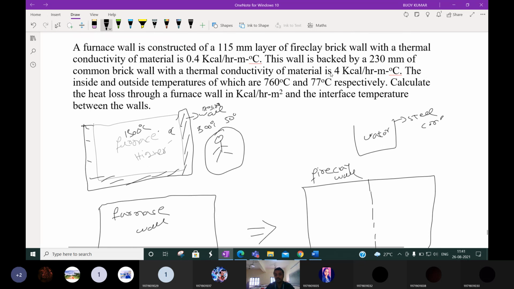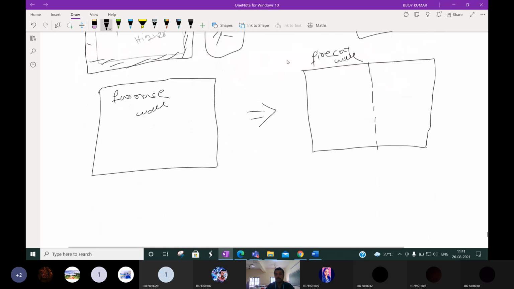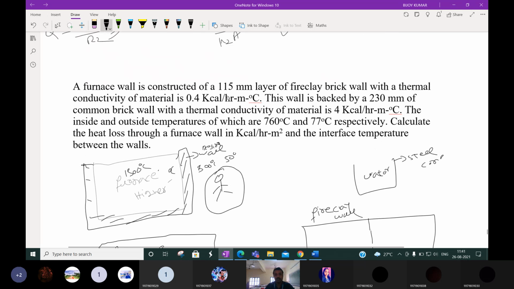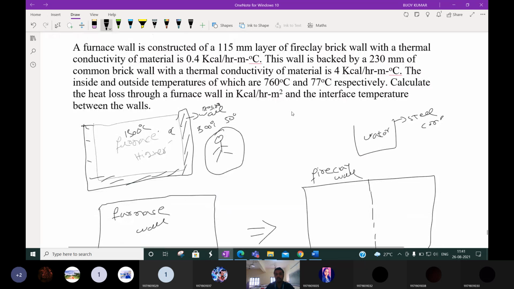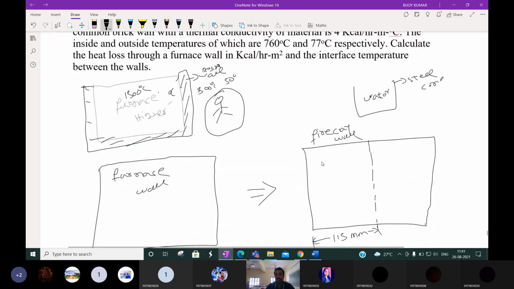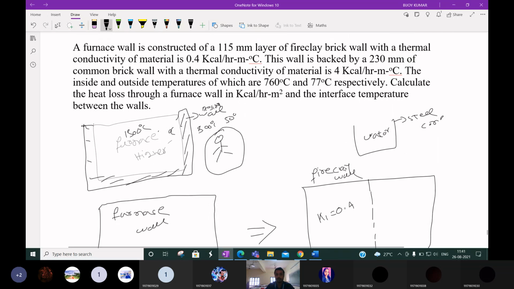and its thickness is 115 mm, with a thermal conductivity of 0.4. So this fire clay wall, suppose I call it 1, has a thermal conductivity of 0.4. This wall is backed by a 230 mm common brick wall.